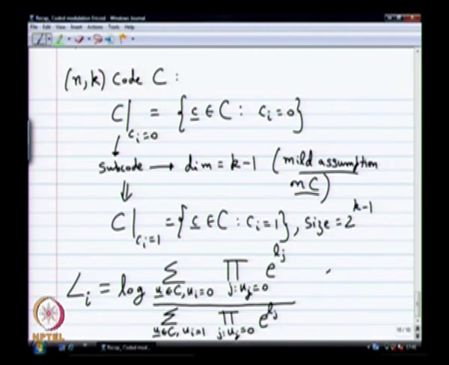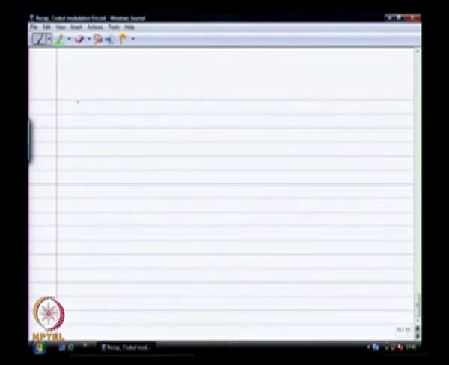What is small Lj? Lj is 2 Rj by sigma square, the scalar LLR; this is the vector LLR. So that is a generalization of the previous one. Once again you can also do the general intrinsic extrinsic kind of thing.